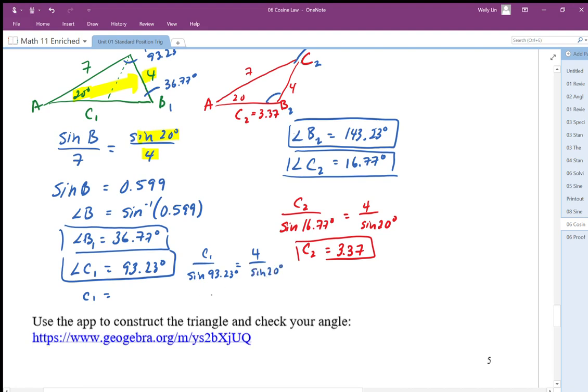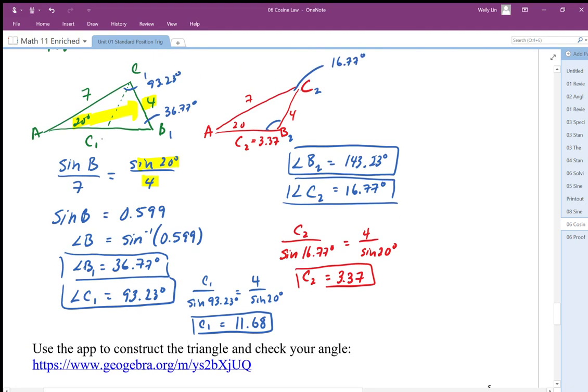When I cross multiply that, I get a value of 11.68. So there's my C1 value, 11.68, and that looks about right given the pictures that I've drawn here.